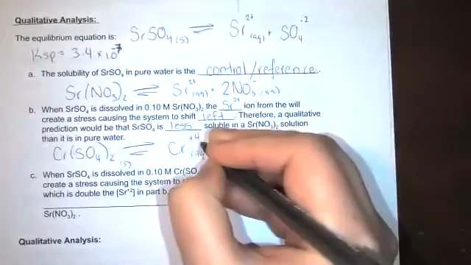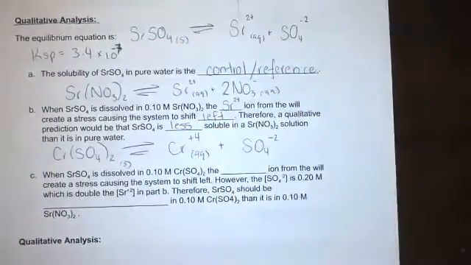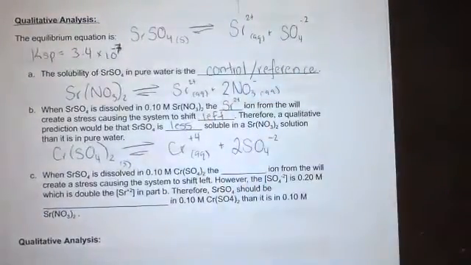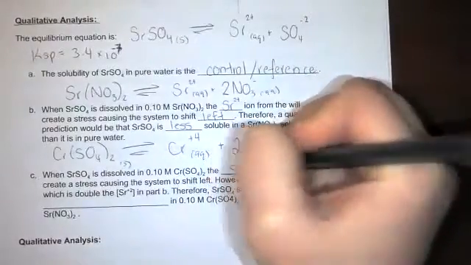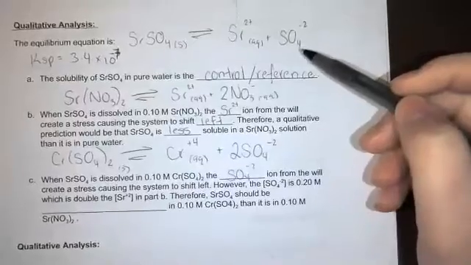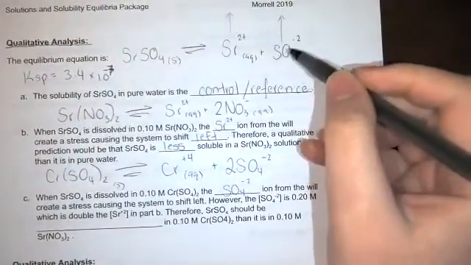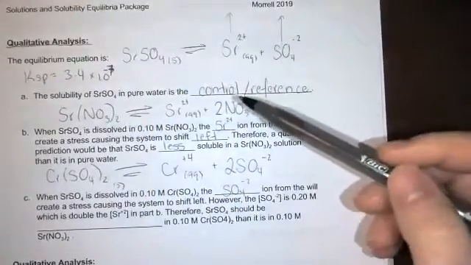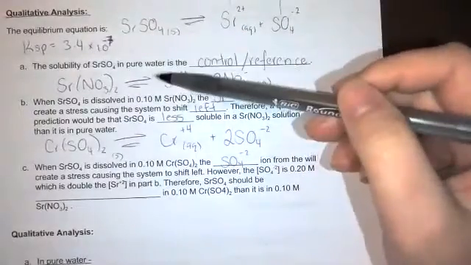I'll have my chromium 4 and my sulfate, making sure this is balanced. So here, my sulfate ion is going to be the one that's causing the stress. An increase in the sulfate, once again, is going to cause a shift to the left. So it should make sense that my solubility of strontium sulfate will decrease.